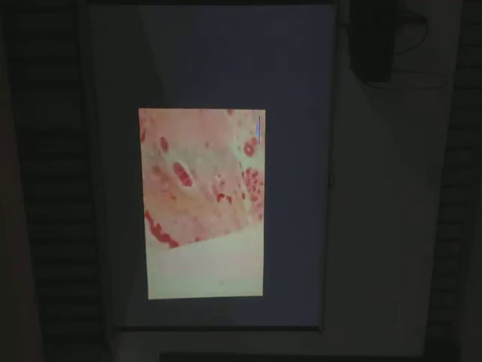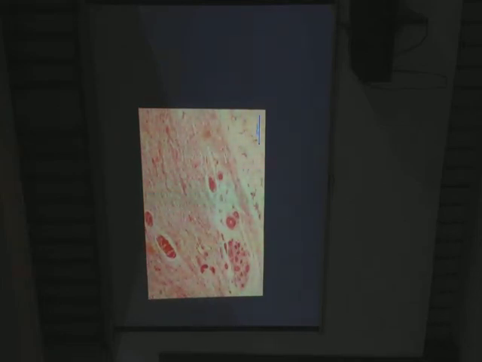Now, the secretory portions are located most of the time deep in the reticular dermis. It is only the ductal portion that goes to the superficial dermis and eventually fuses to the epidermis. Okay? So that should be another cross-sectional view of the ductal portion of a sweat gland.